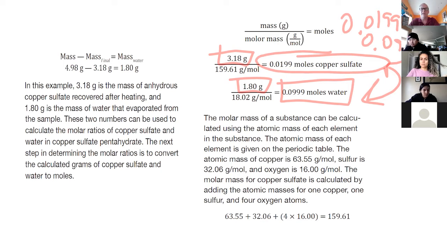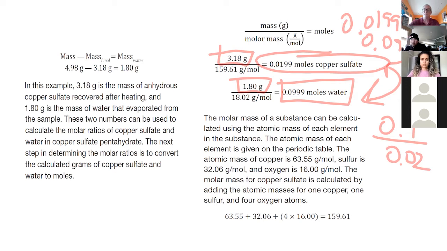What's our ratio of one to the other? For instance, that's really close to 0.1, and that's really close to 0.02. What's my ratio there? Is it 5? 5, right.